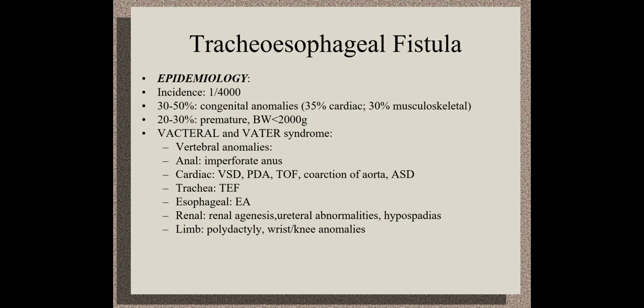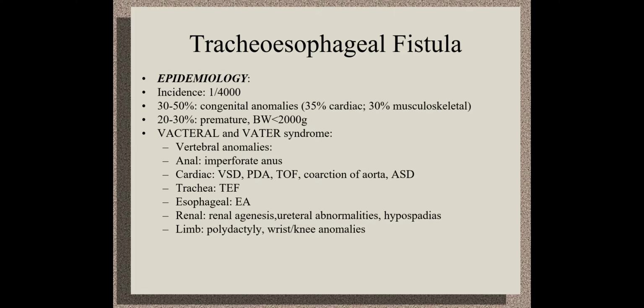Tracheoesophageal fistula, epidemiology, incidence is 1 in 4,000 population. 30 to 50% have congenital anomalies, 35% cardiac, 30% musculoskeletal.